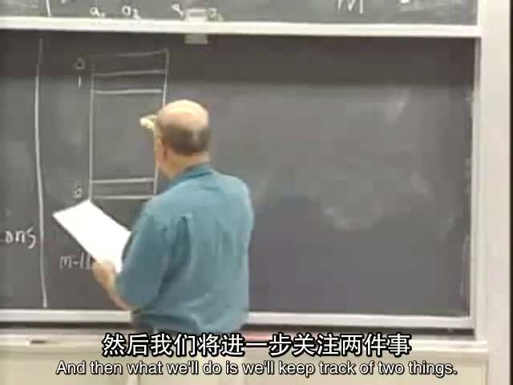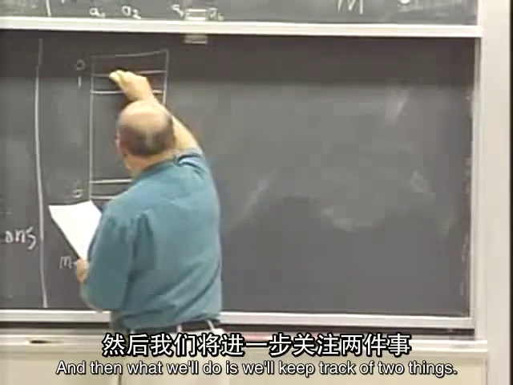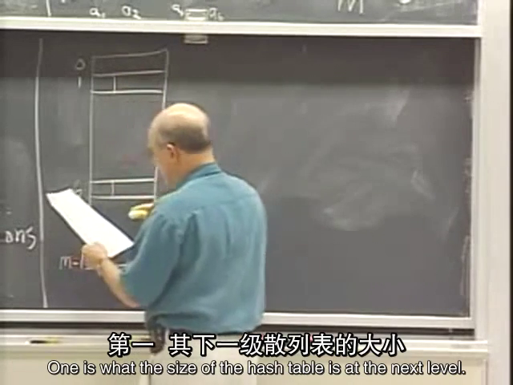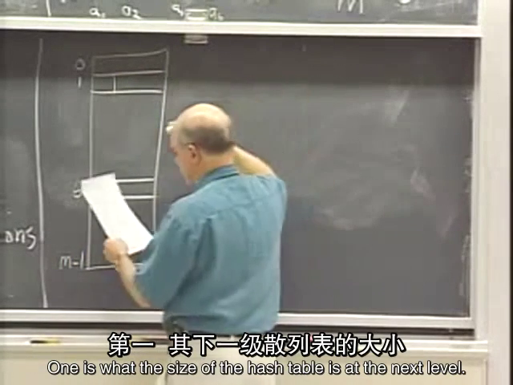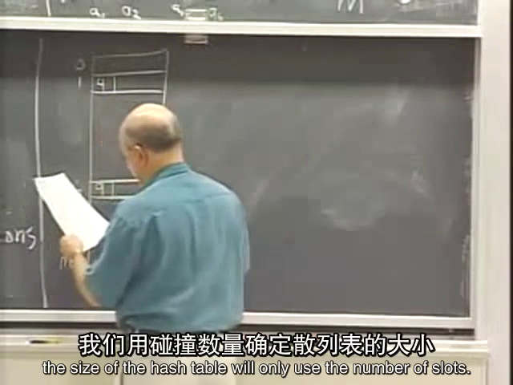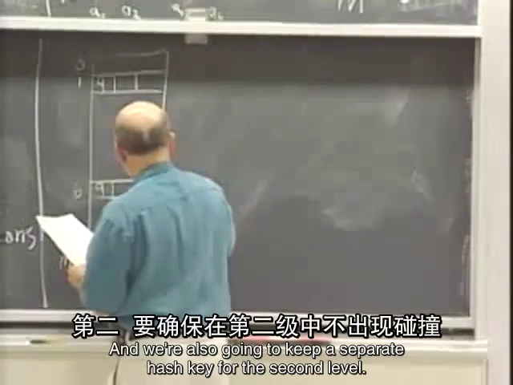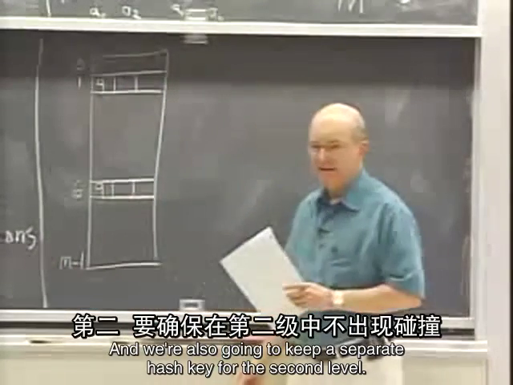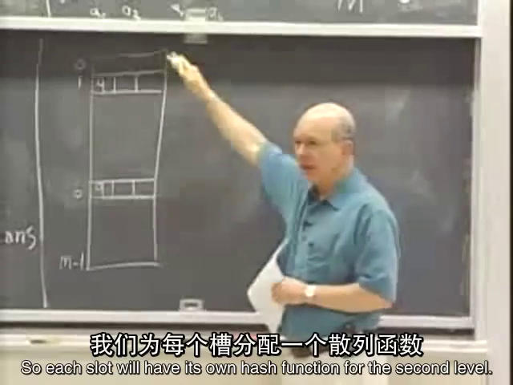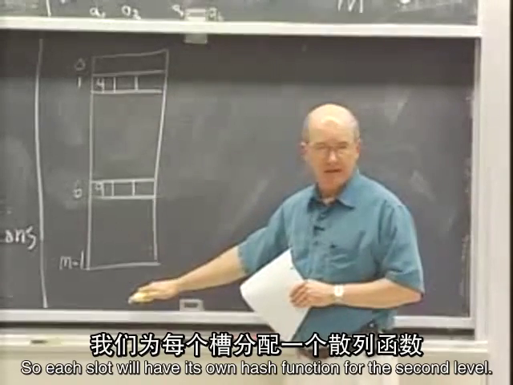And then we'll keep track of 2 things. One is what the size of the hash table is at the next level. In this case, the number of slots is going to be 4. And we're also going to keep a separate hash key for the second level. So each slot will have its own hash function for the second level.